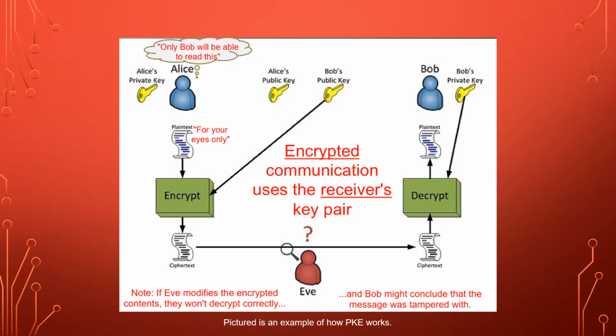So this is just a quick little visual. If we start up here at Alice, she says only Bob will be able to read this. I don't know what she's sending, but in this example, we have Alice's private key, and then her public key as well as Bob's public key, because she requested for Bob specifically to see it. So it encrypts it into ciphertext, and when it's sent to the SSH server, it tries to match it up with whatever private key corresponds to the public key, in this case, Bob's.